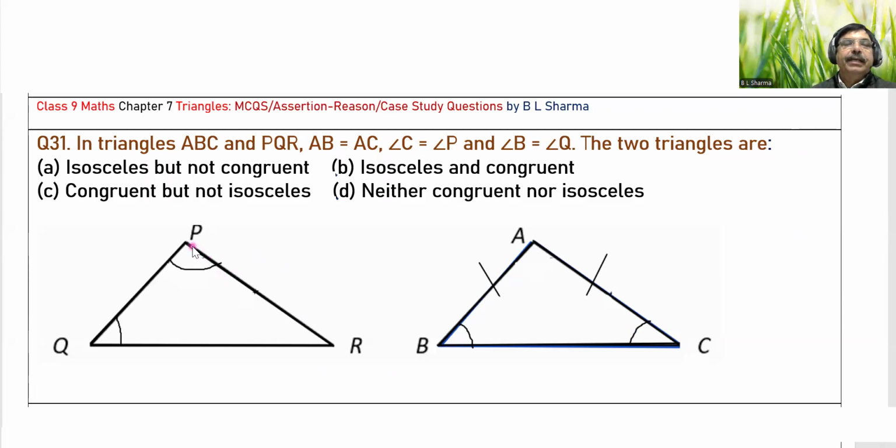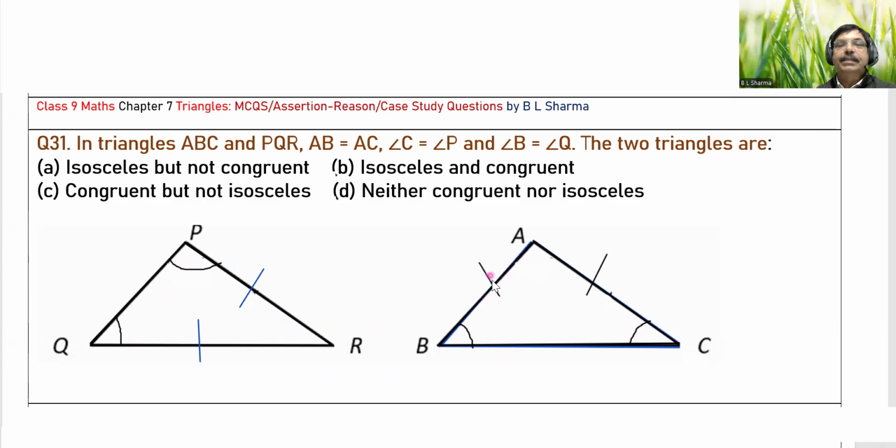See here, in triangle PQR, two angles are equal. And when two angles are equal in a triangle, their opposite sides are also equal. So QR is equal to PR. Since two sides are equal, this triangle PQR is an isosceles triangle.